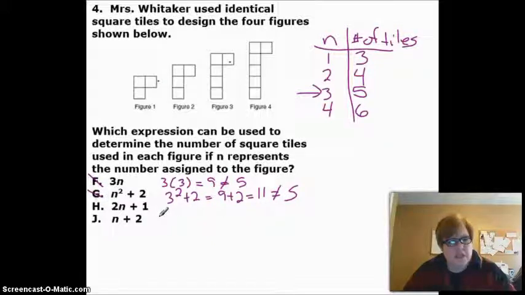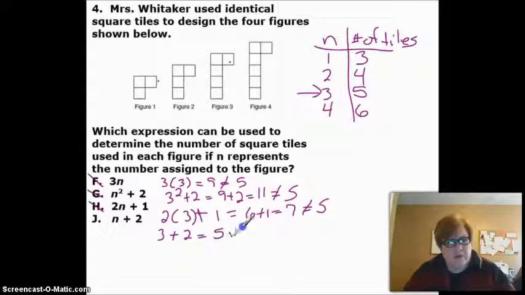Okay, and then H would be 2 times 3 plus 1, which is 6 plus 1, which is 7. So again, not 5.